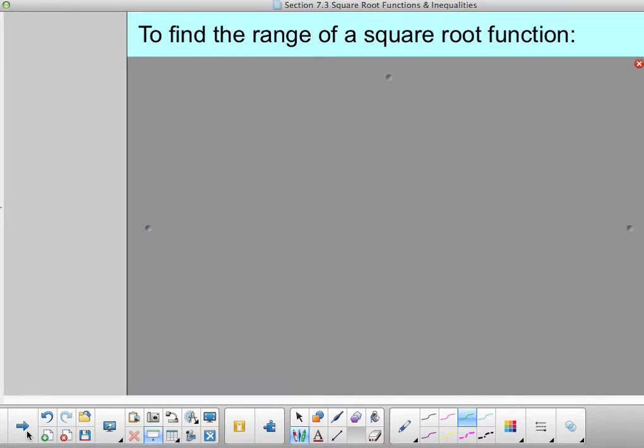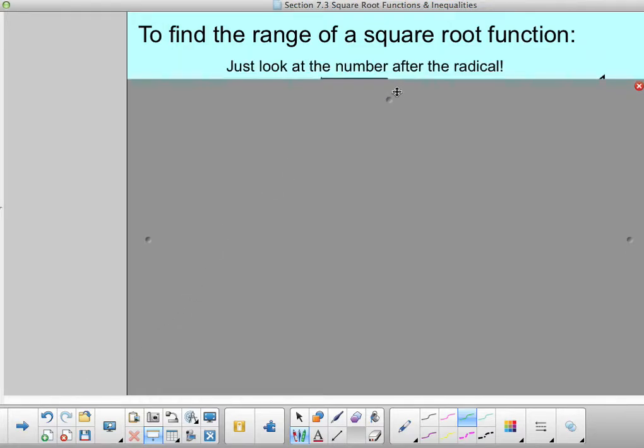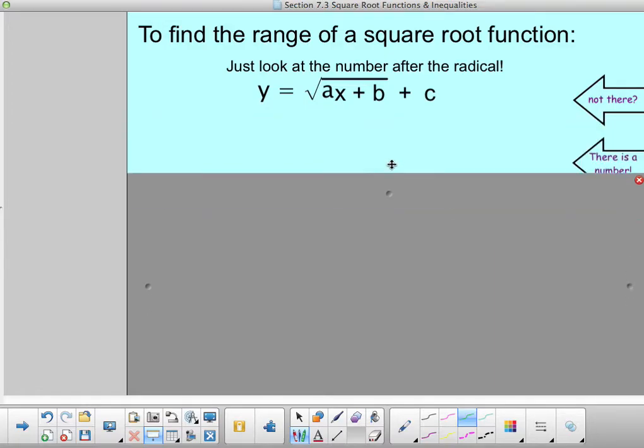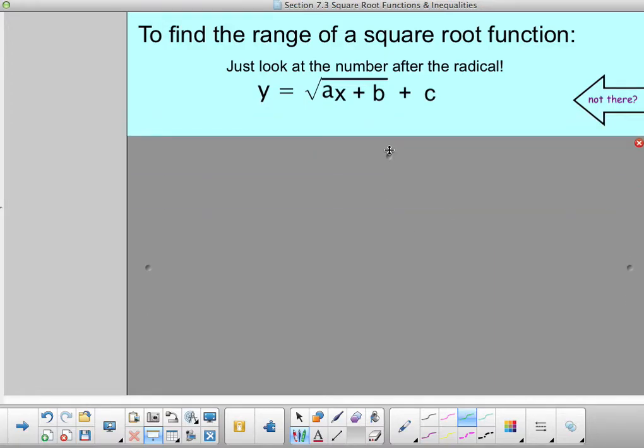Now let's look at the range of a square root function. Just look at the number after the radical. The number after my radical here is c. That is my range. It's whatever is after the radical.